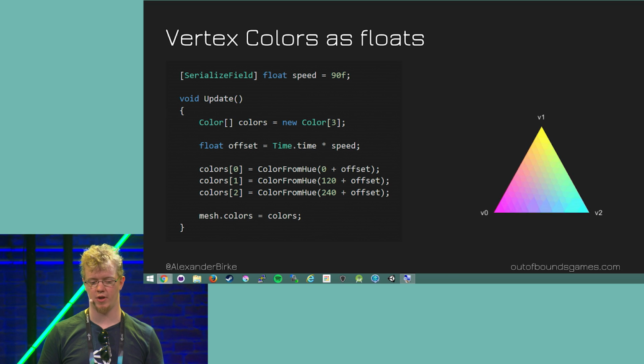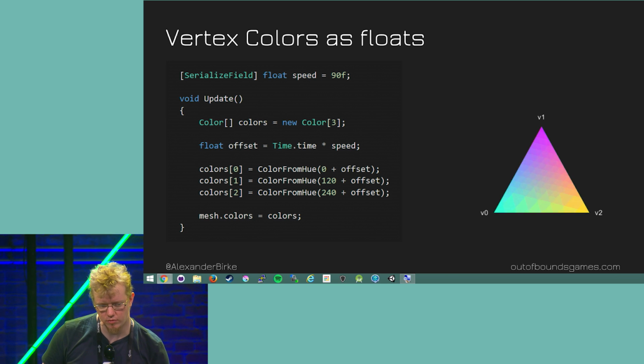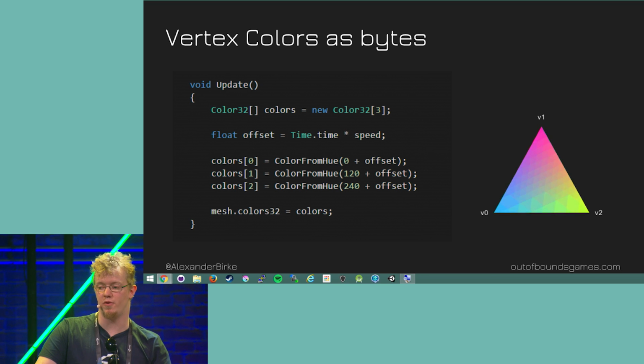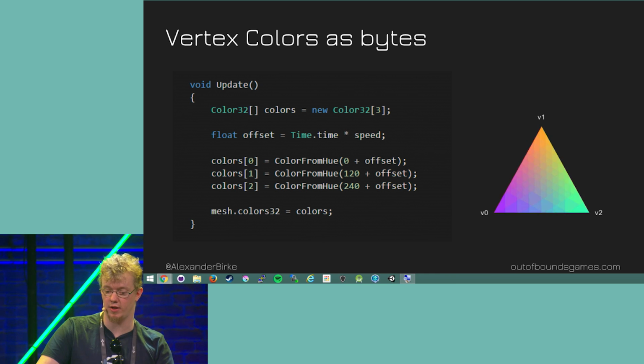So this first one, I'm using floats, just like a standard color, but you can also use bytes, and in that case you have to use the Color32 struct instead. This is actually a lot faster because you only have 1 byte per color component, whereas in the other case you have a full float which is 4 bytes.